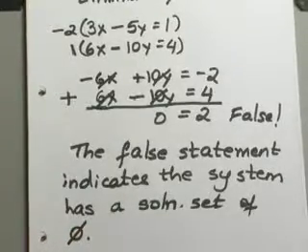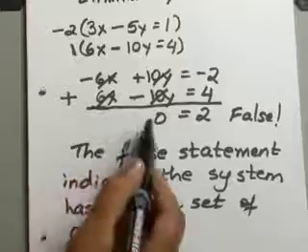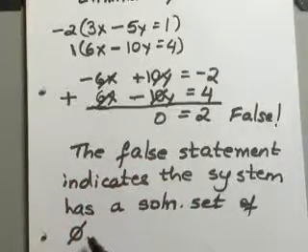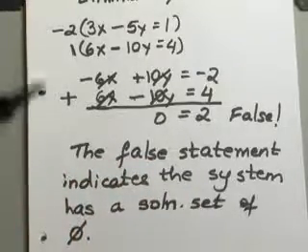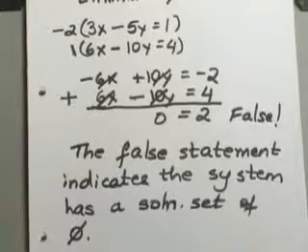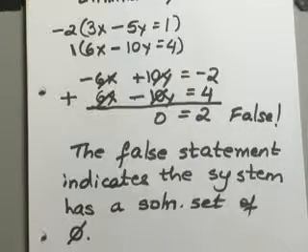So anytime you end up with a false statement, that means your solution set is an empty set. Anytime you end up with a true statement, that's when you have an infinite number of solutions. Alright, and this will take care of our section 8.3. Awesome.